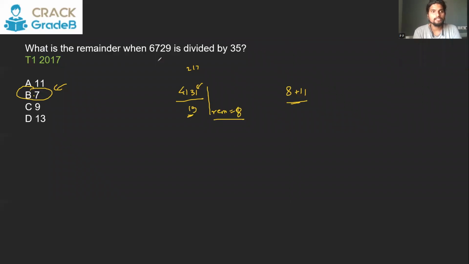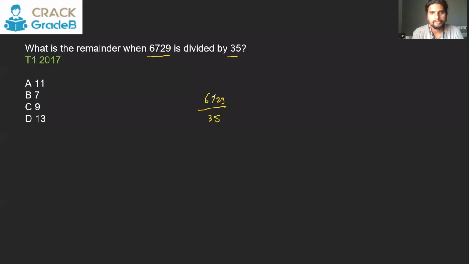Let's see this. What is the remainder when this number is divided by 35? So this again can be done manually rather than using any theorem or theory, Chinese remainder or anything.